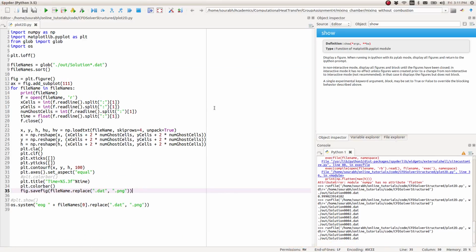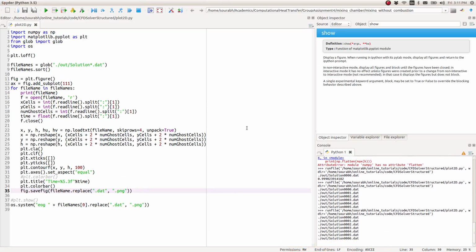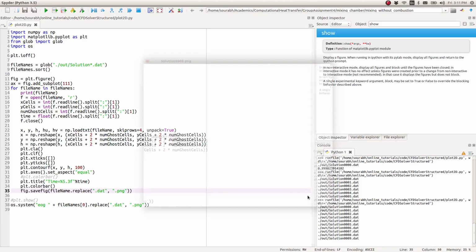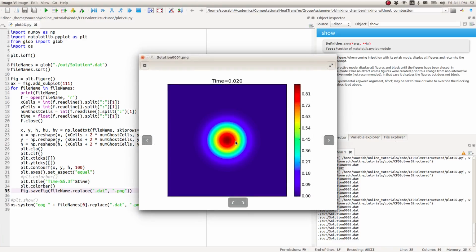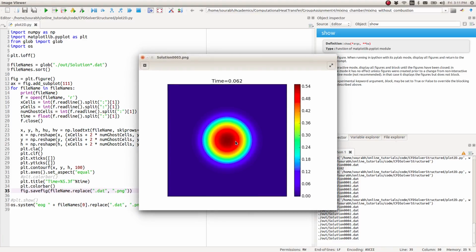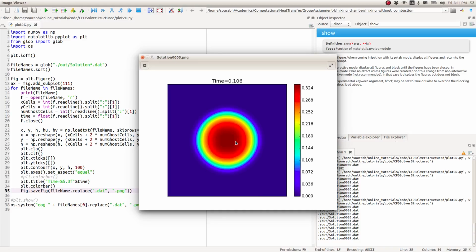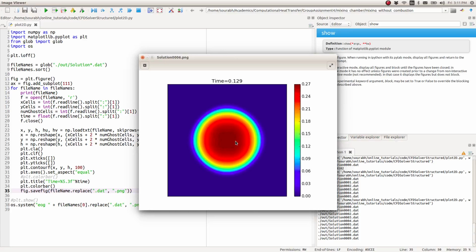Now there is one thing that we need to do, that is application of the boundary condition, and I had purposefully kept it at the end. So we can see that the peak is going down and it is spreading out. It's slowly growing.